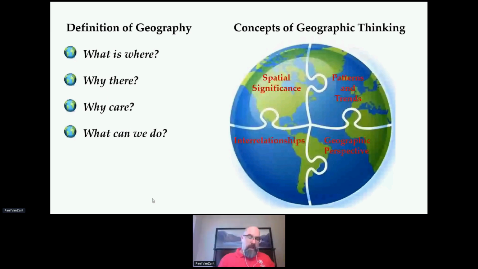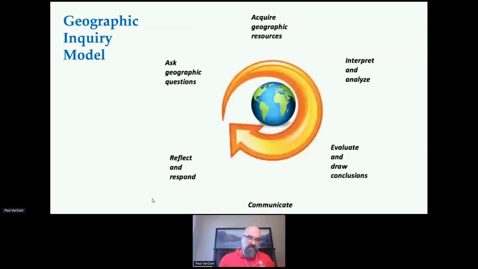As well, I think that we're starting to move away from the kind of geography that I experienced as a student many, many years ago, away from the chalk and talk to more of a student-centered approach to teaching and learning. And so it's also important to develop their inquiry skills through the application of a discipline-specific inquiry model, in this case, the geographic inquiry model.